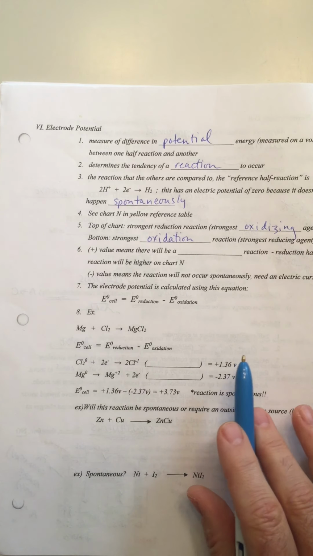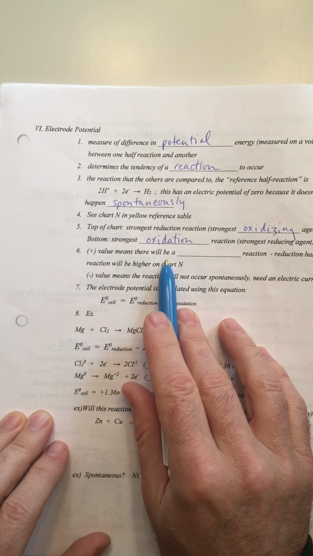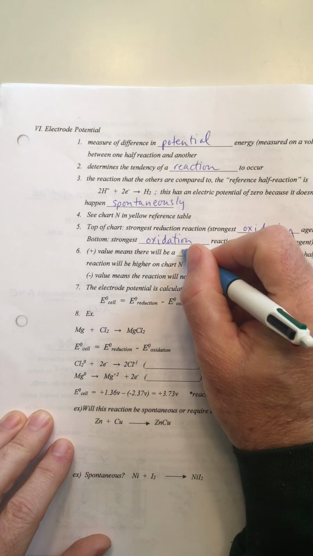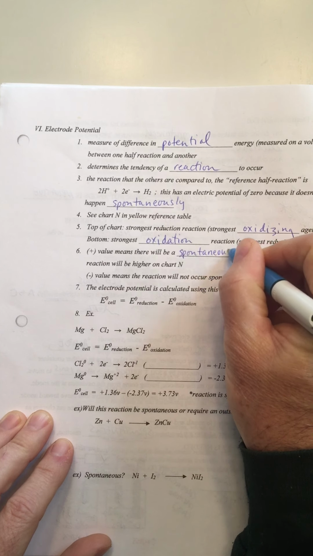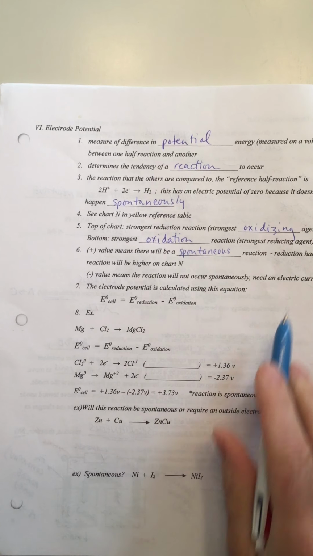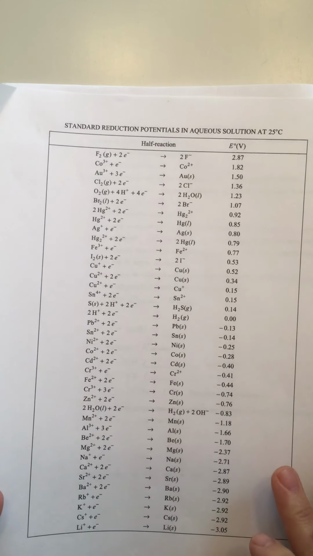Now let's see what these positives and negatives mean. Positive value means that there will be a spontaneous reaction. The reduction half reaction will be higher on chart N. So here we go.